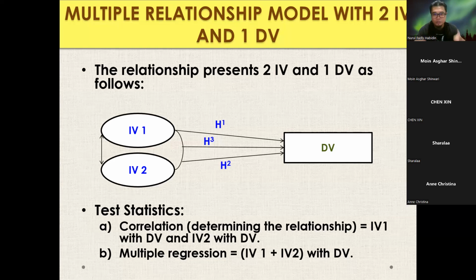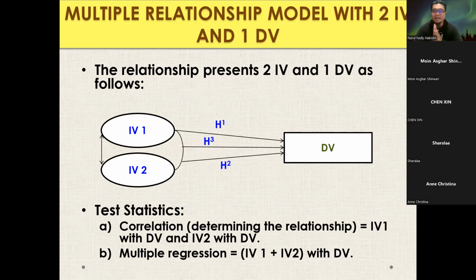You can also analyze the correlation between IV1 and IV2, study the relationship or influence directly from IV1 to DV, and measure the relationship or influence from IV2 to the dependent variable.